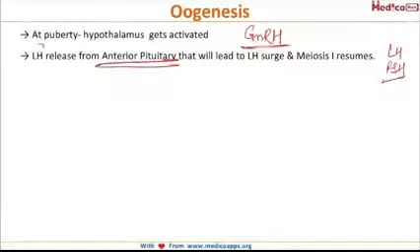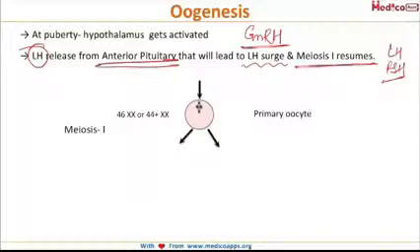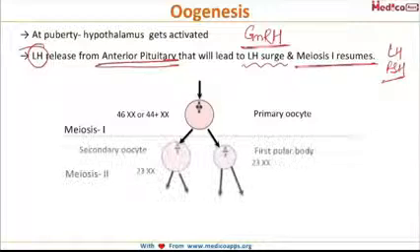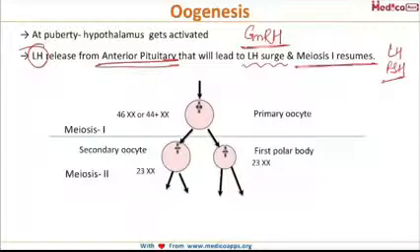Now this LH, once it is released from the anterior pituitary, starts to rise and ultimately there is an LH surge, and this LH surge stimulates Meiosis I to resume and complete. So the primary oocytes, under the effect of LH surge, complete the first meiotic division, and this leads to the formation of a secondary oocyte and the first polar body.